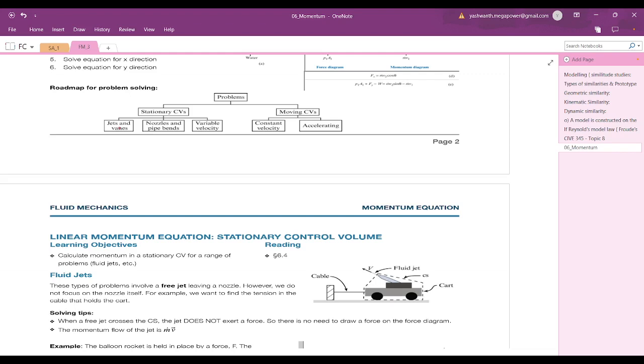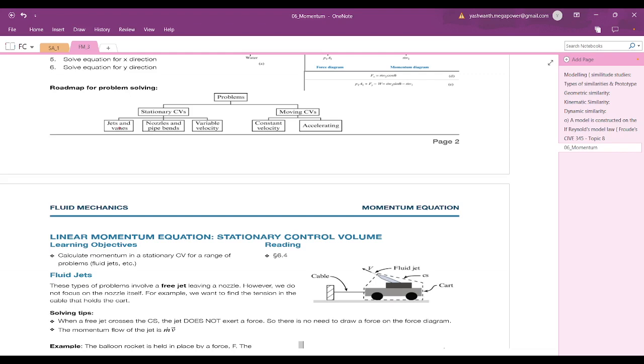And the water coming out of the nozzle, or the water passing through the pipe bend, and water moving with variable velocity: these are examples of stationary control volume. Whereas examples of moving control volume are constant velocity as well as accelerating ones.